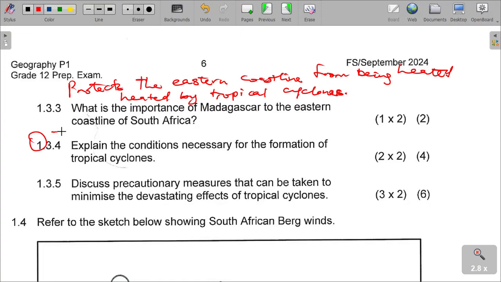Number one, sea surface temperatures must be above 27 degrees Celsius for evaporation to occur, to promote evaporation and latent heat of vaporization.